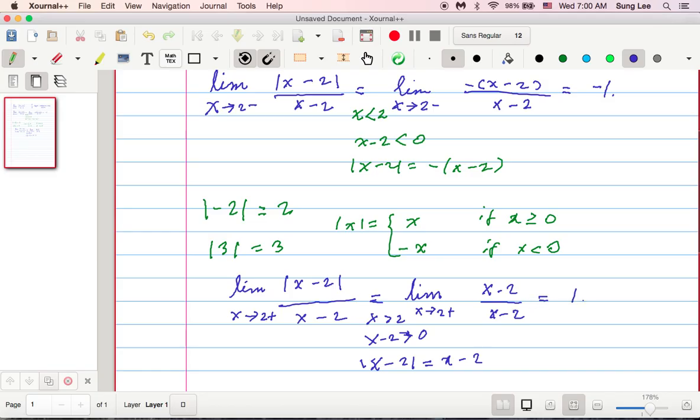The whole thing is 1. So here, the left-hand limit and the right-hand limit both exist, as negative 1 and 1 respectively, right? So they both exist, but they do not coincide. They are not the same.